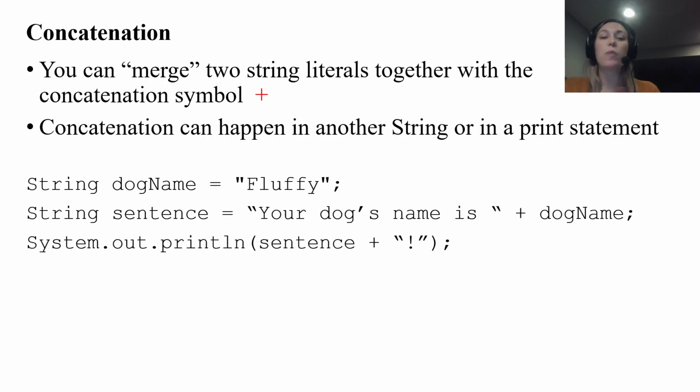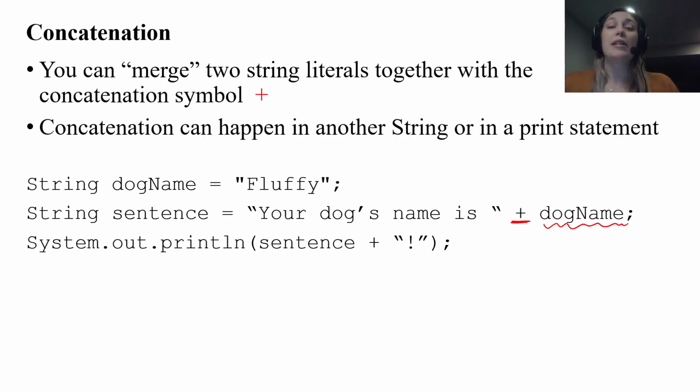What I mean by that is this. Here's an example of concatenation being used in two different ways. So I have string dogName, that's my variable name, equals Fluffy. Then I have another string called sentence. Open the quotation marks, your dog's name is, and notice I have the quotation marks ending here, and then I have plus, and then dogName with no quotations around it.